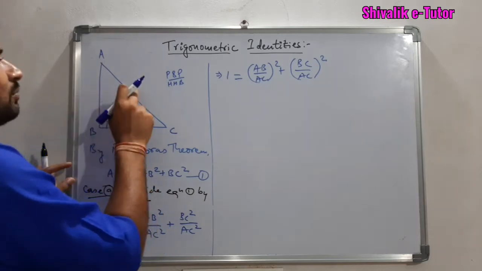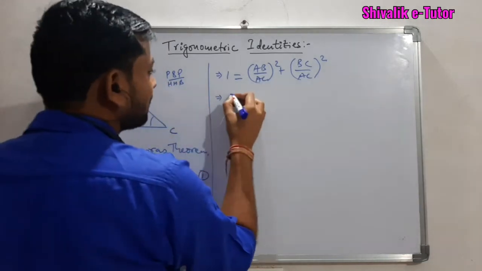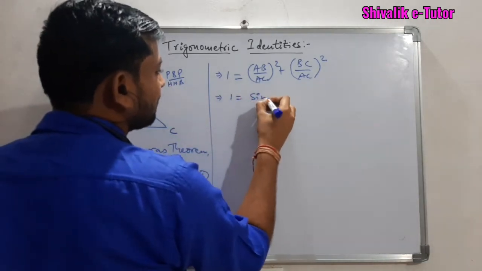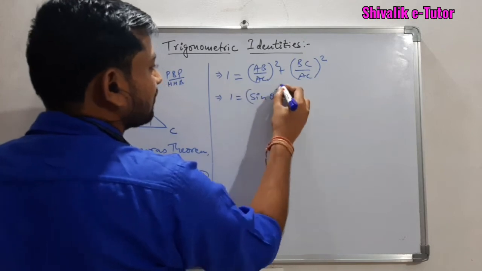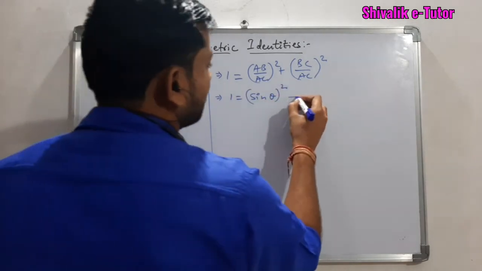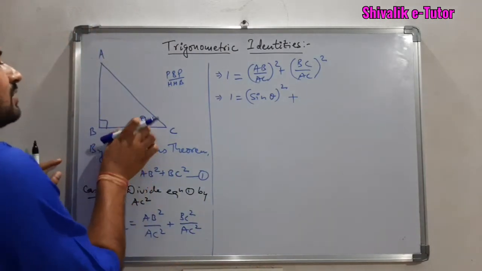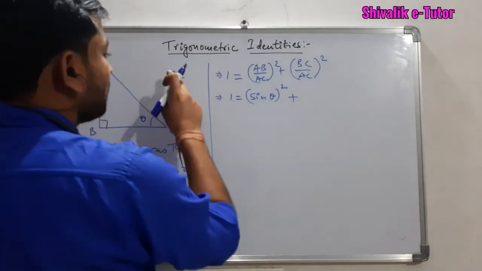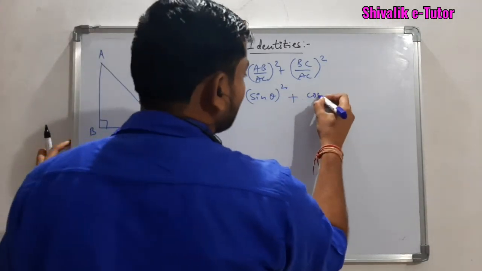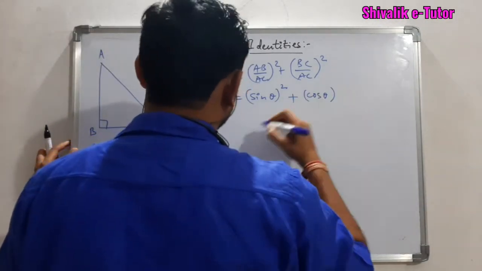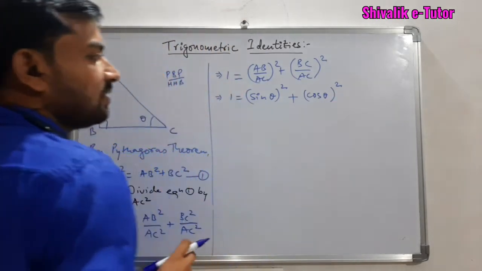Perpendicular upon hypotenuse is sin theta. So we can write sin theta whole square plus BC upon AC. BC here is base and AC is hypotenuse, so base upon hypotenuse is cos theta. So let me take this as cos square.